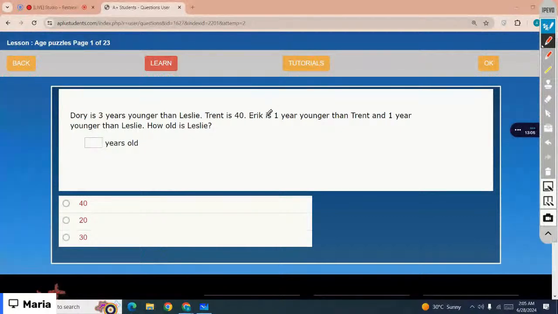How old is Leslie? So basically, we need to find the age of Leslie, right? How do we find it? Start with the one we are given, the age of Trent, right? Trent is 40. You can find the age of Eric because Eric is 1 year younger than Trent. So Trent is 40, 1 year younger means take away one. So Eric is 39, right?